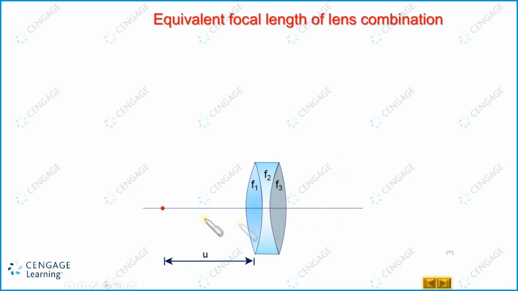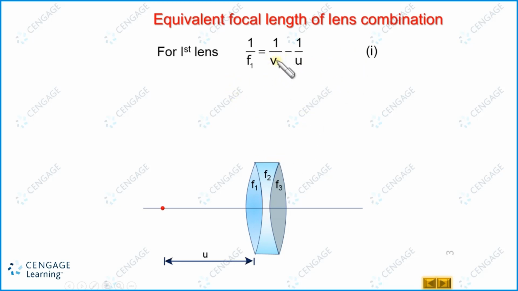Suppose the object distance is u and the image distance from the first lens is v1. We can use the lens formula for the first lens, that is 1 upon f1 equal to 1 upon v1 minus 1 upon u. Say this is equation number 1, right?